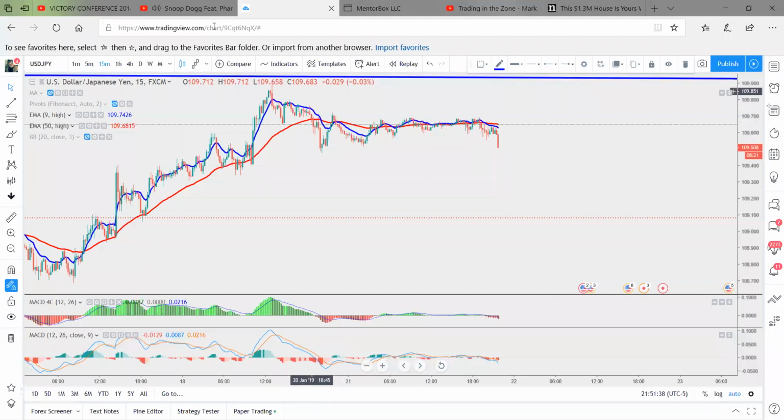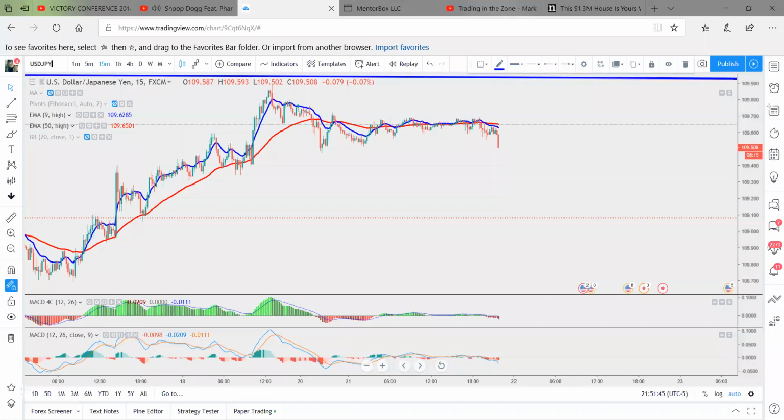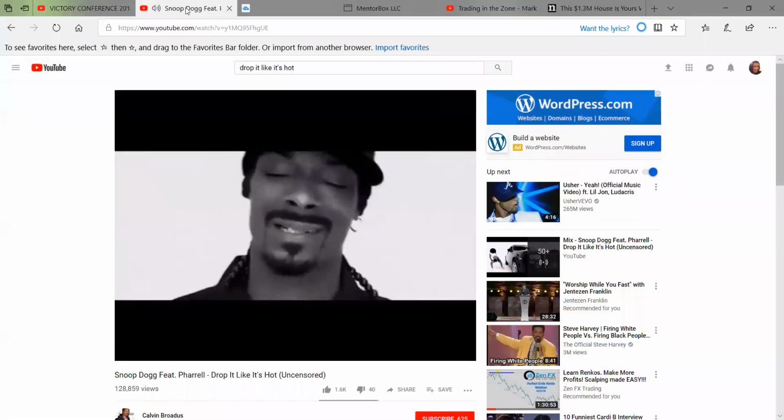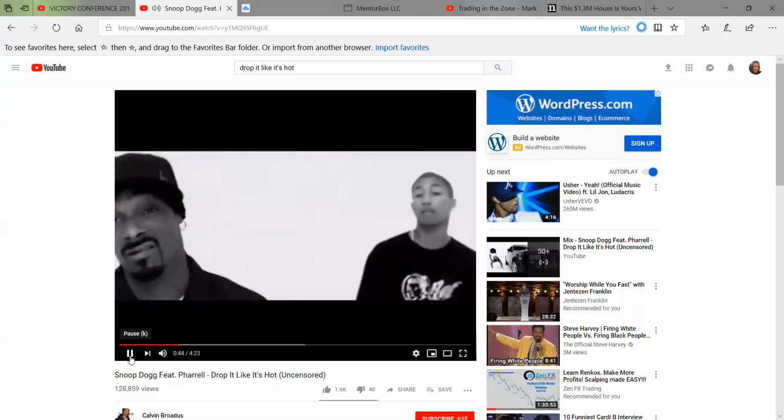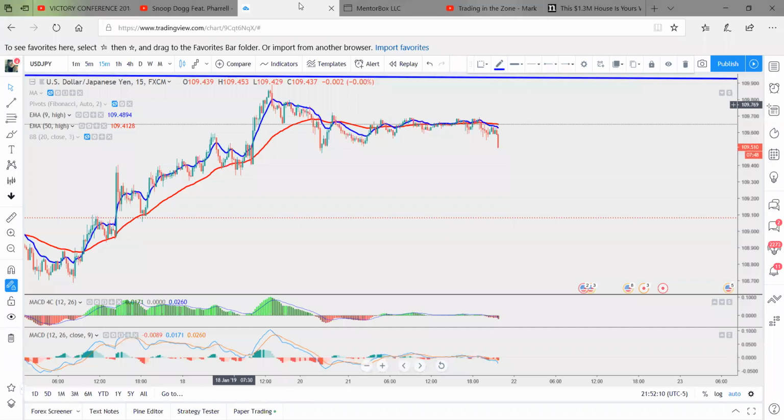I would marry his ugly butt. He's just fun. I want to go to the club and dance with him. Drop it like it's hot. That's gonna be us. We got to get that drop going on.